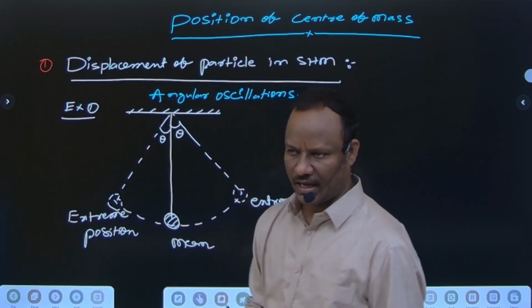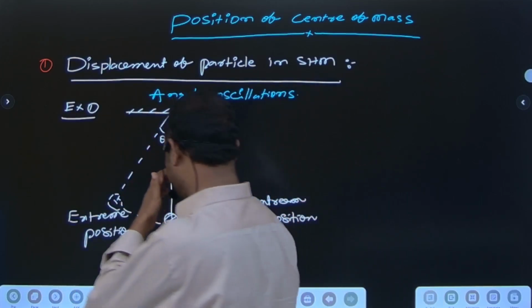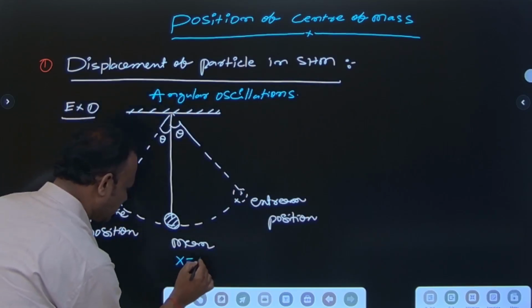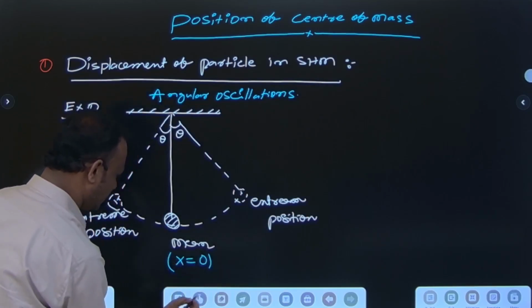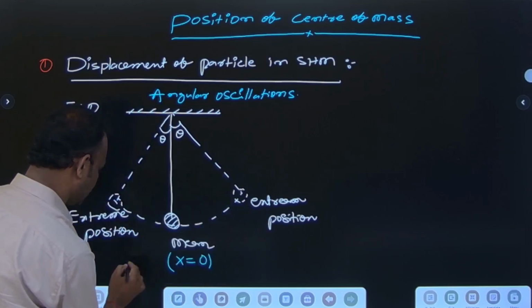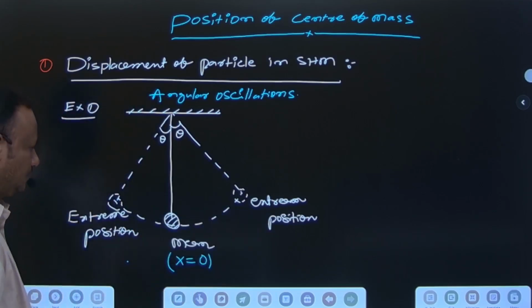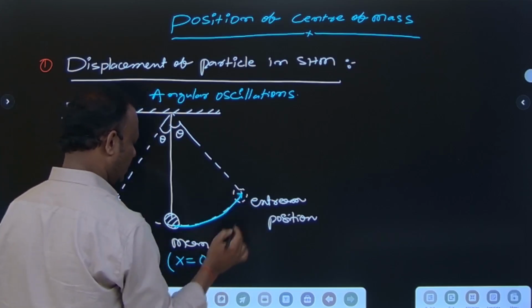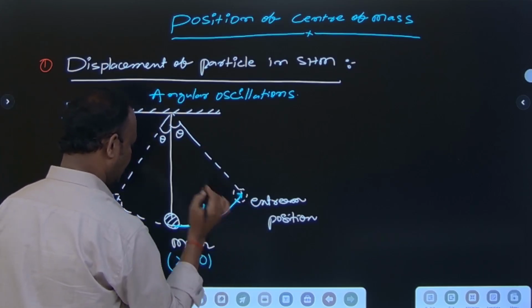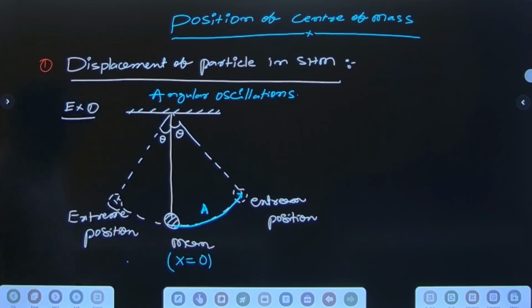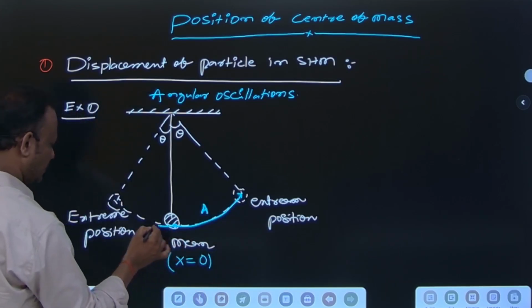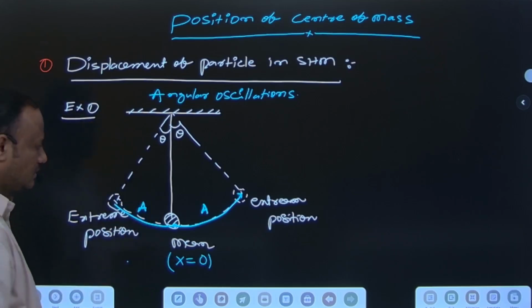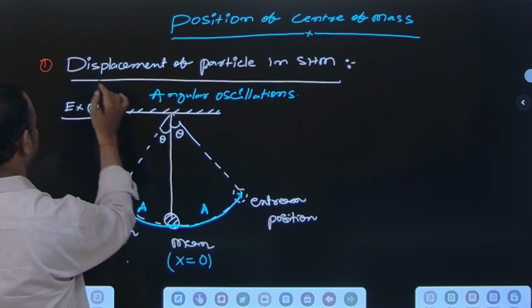In angular oscillations, the mean position means we treat x as equal to 0. The particle starts from the mean, so x equals 0. The maximum displacement from the mean position is called the amplitude.